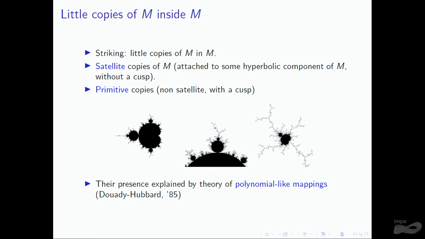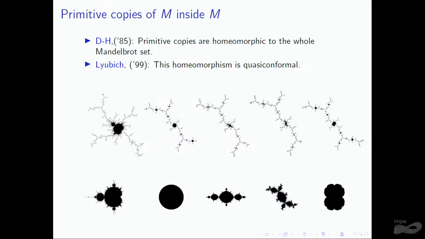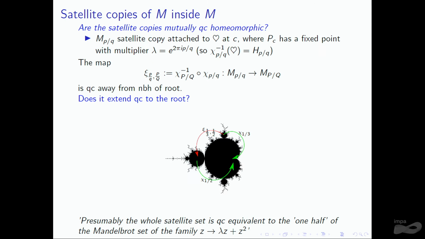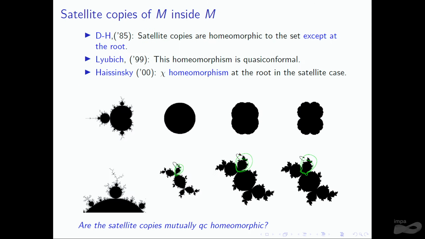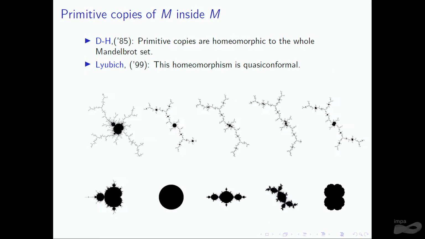With the cusp are primitive, without the cusp are called satellite, and are the ones we are interested in. So the primitive copies were completely solved by Lyubich. The copy is homeomorphic to the Mandelbrot set, and the shape is as similar as we can hope for. They are quasi-conformally homeomorphic.